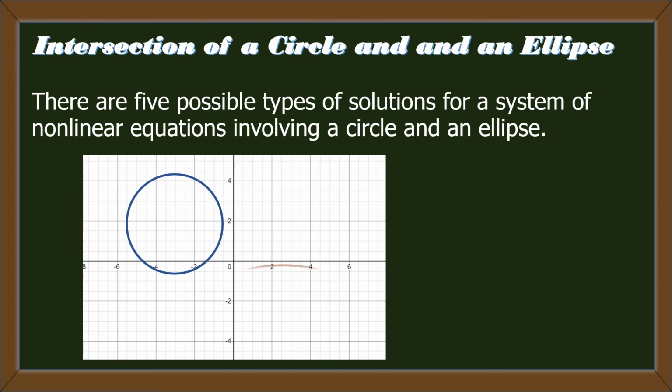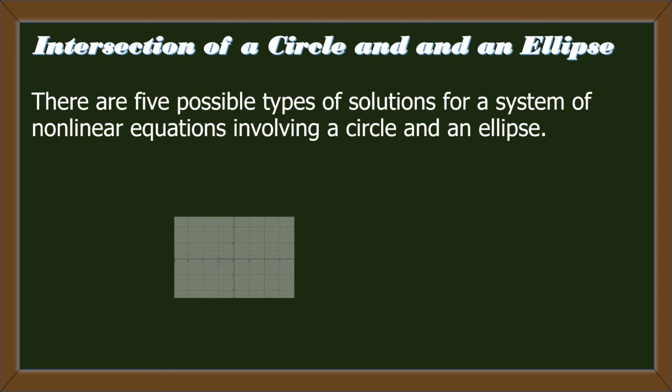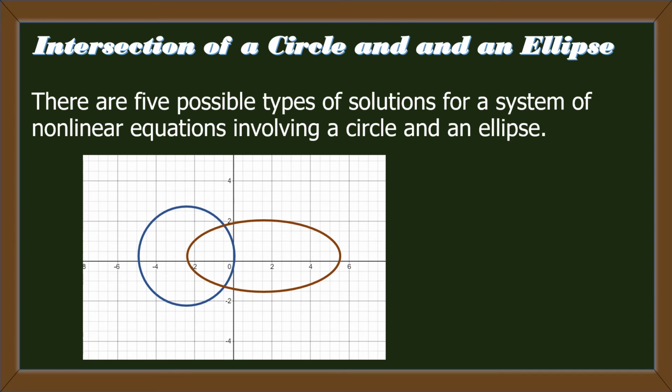First, there is no solution if the circle and the ellipse do not intersect. Second, there is one solution when the circle and the ellipse are externally tangent to each other. Next, there are 2 solutions when the circle and the ellipse intersect at 2 points.